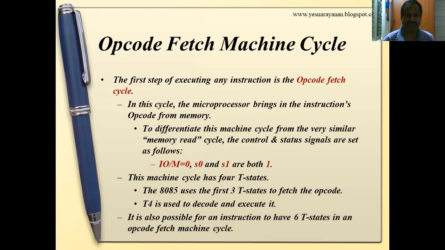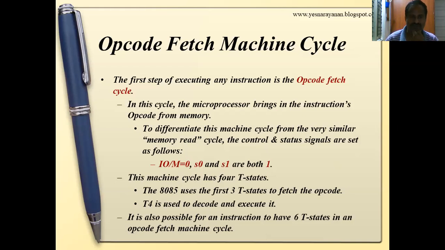This machine cycle has 4 T states. The 8085 uses the first 3 states to fetch the operation code or opcode. T4 is used to decode and execute the opcode.